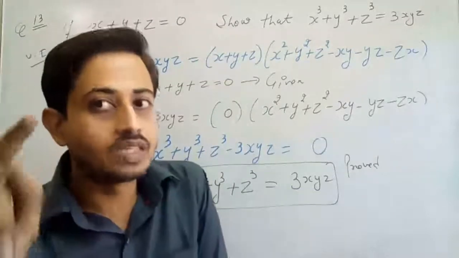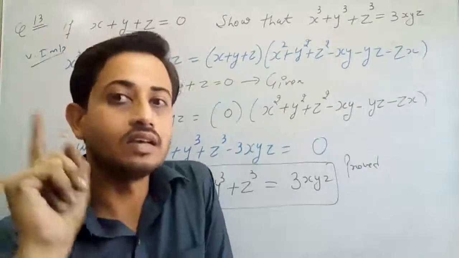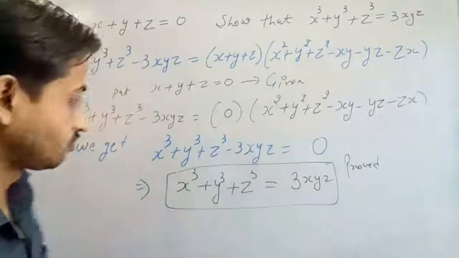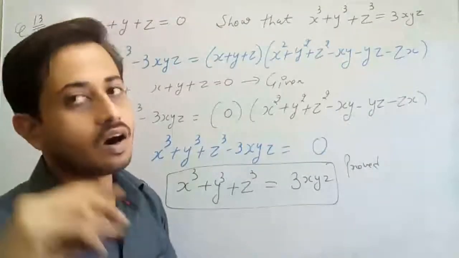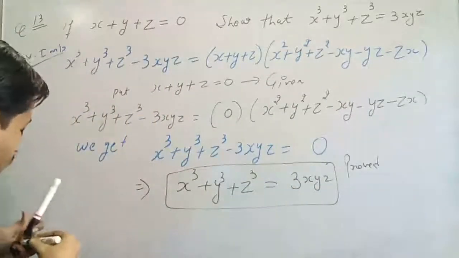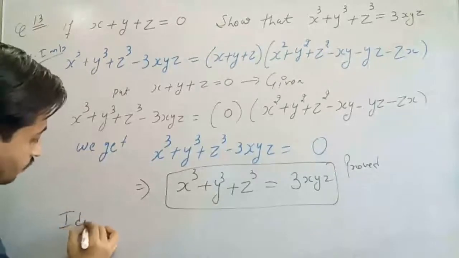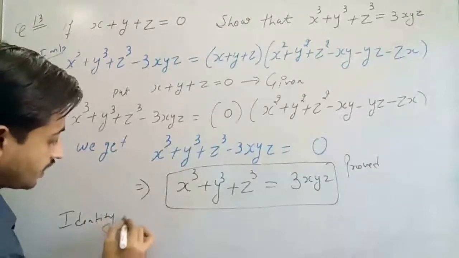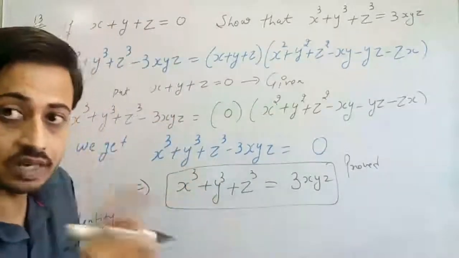But again, please wait. This is the identity number 11. Please make a note. I am writing a main concept which is the base of the next question. I am writing identity number 11. What is the identity? Please make a note.